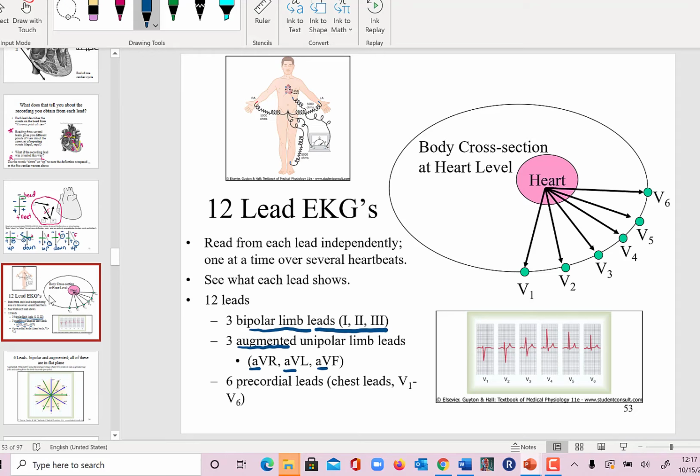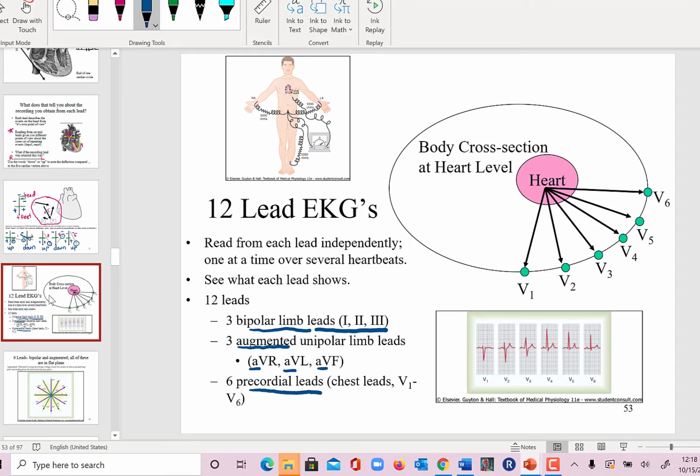You are not responsible for the 6 precordial leads, though you are responsible for knowing about them. The 6 precordial leads give information about current moving from a posterior to an anterior approach.